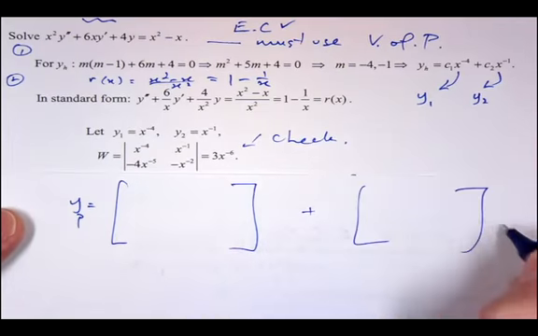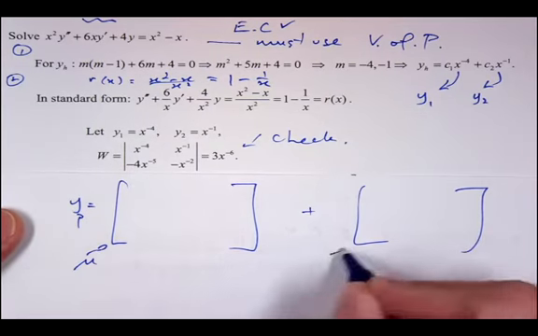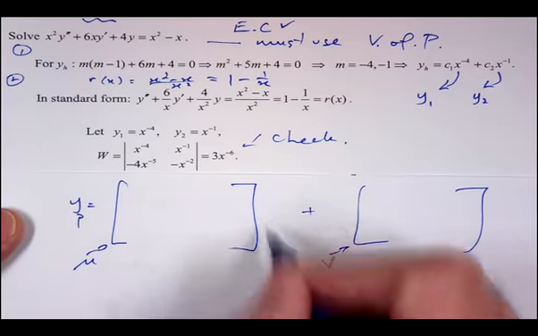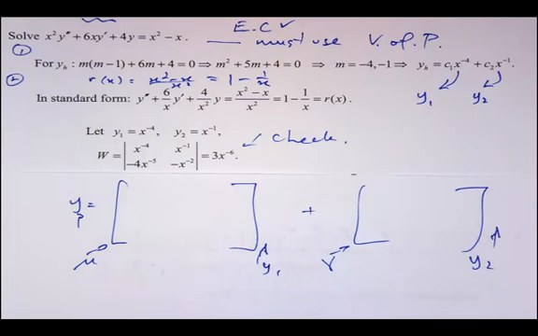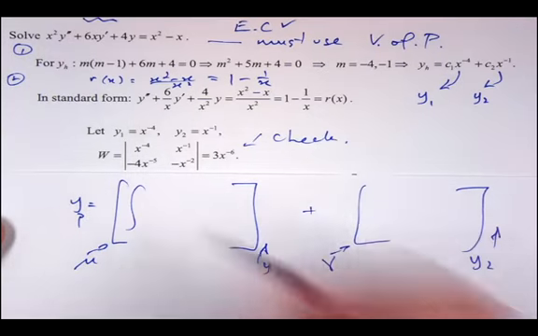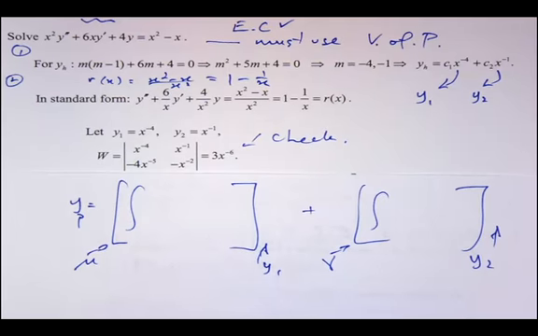How do we build this up? Well, we have the mu function there, and we have the nu function there, and we have y1 in there, and we have y2 in there. The mu function involves an integral, and so does the nu function. Can you fill those bits in? Have a look and see if you can fill those bits in.